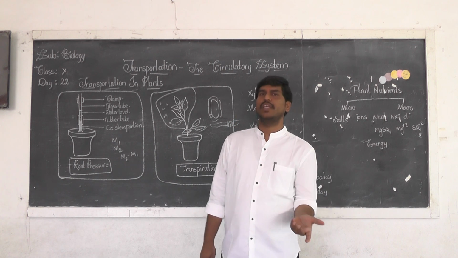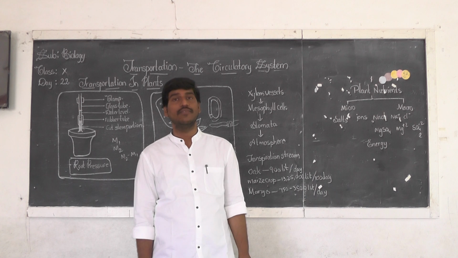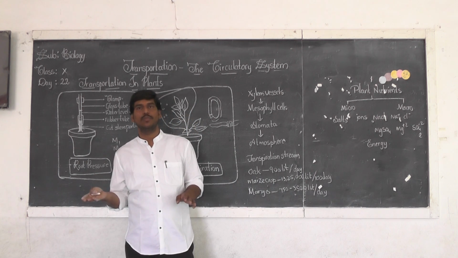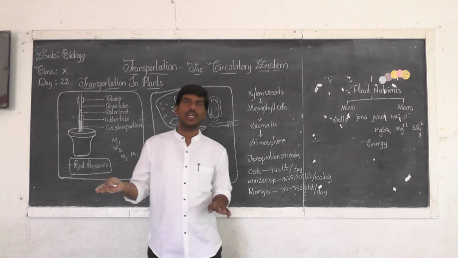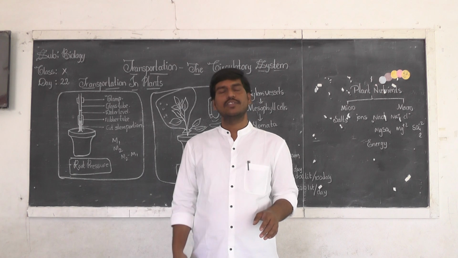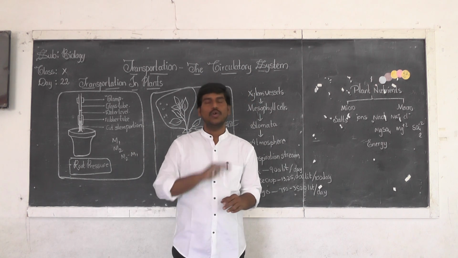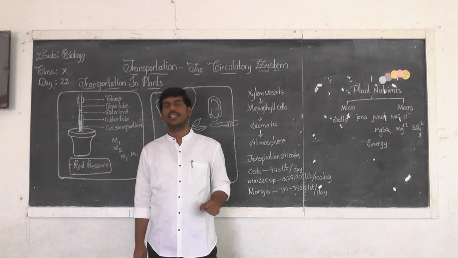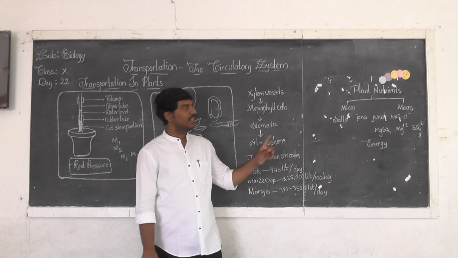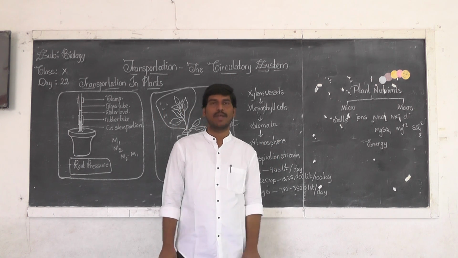And this absorption is not a simple diffusion process. Right? Diffusion is nothing but movement of molecules from higher concentration to lower concentration. So when the molecules move from higher concentration to lower concentration, it doesn't require any energy. Directly they are going to move. But here, these ions are not absorbed in such a manner.